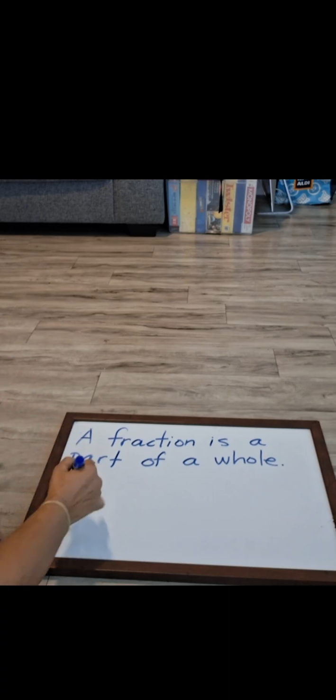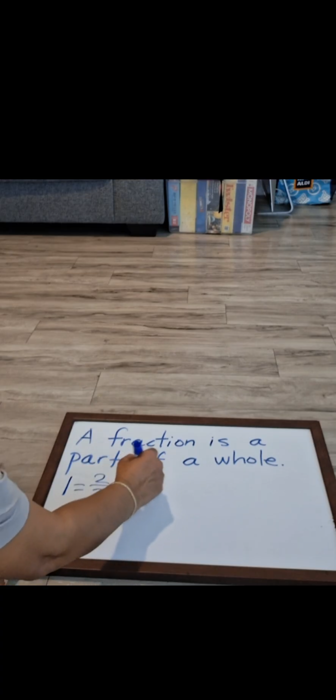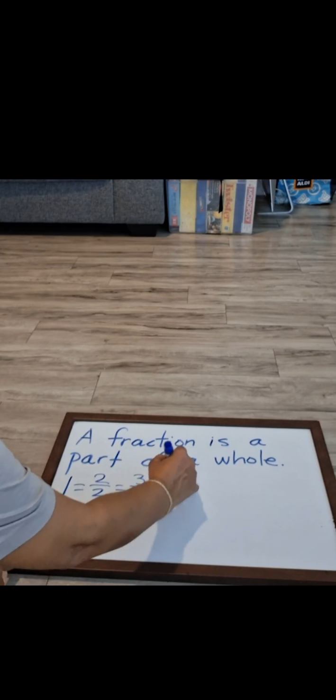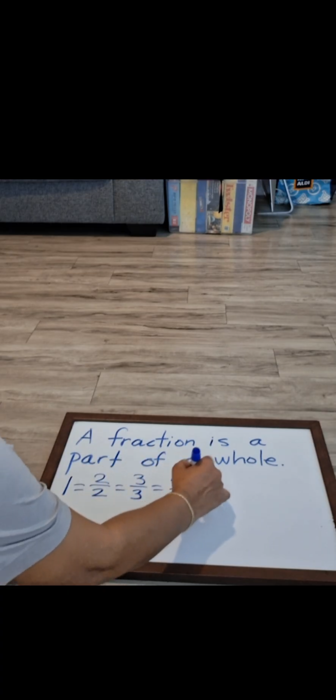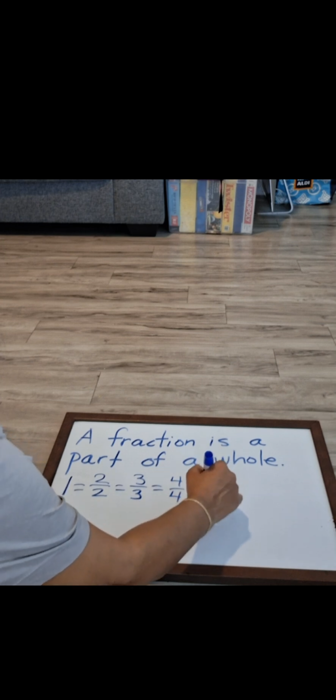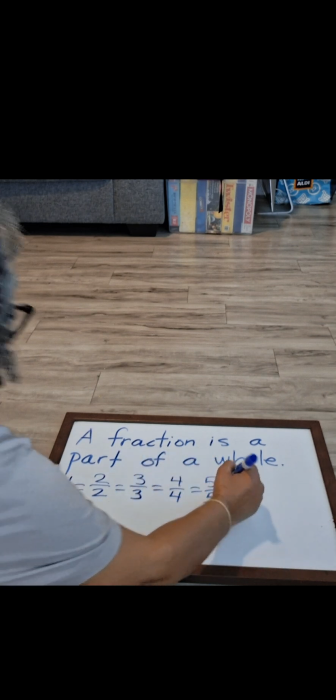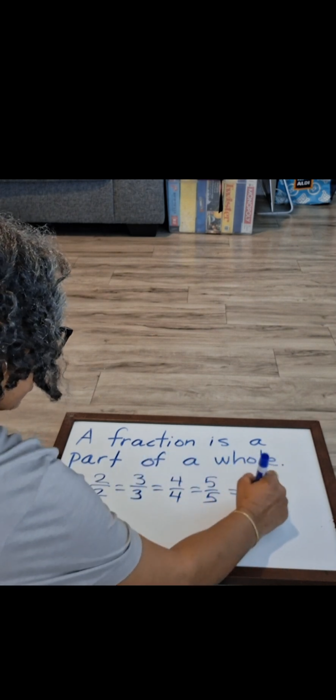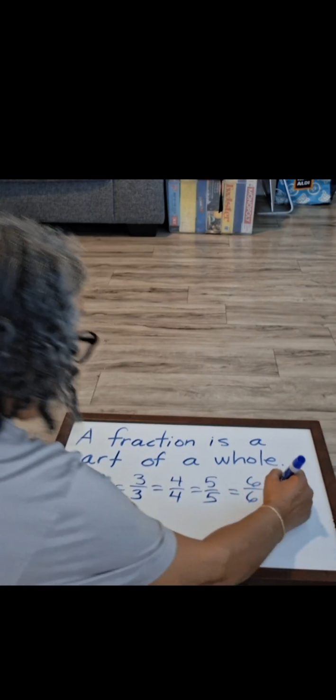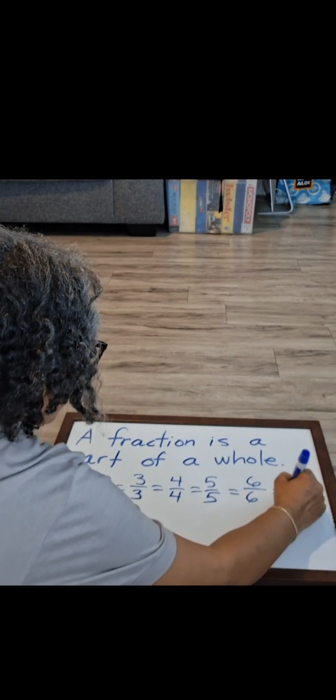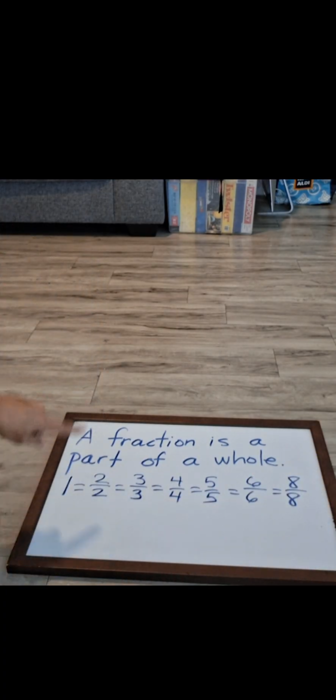If it's equal to 1, it can be 2 over 2, 3 over 3, 4 over 4, 5 over 5, 6 over 6, 8 over 8. All of those are 1. Doesn't matter. If that numerator is the same as the denominator, it's what?